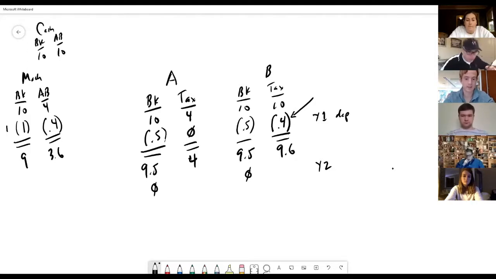Step 1. Step 2, give the non-contributing partner book items equal to tax. Well, that's easy when there's 0. Whatever's left goes to the contributing partner, which is going to be 9. We have 5.4 of tax gain.